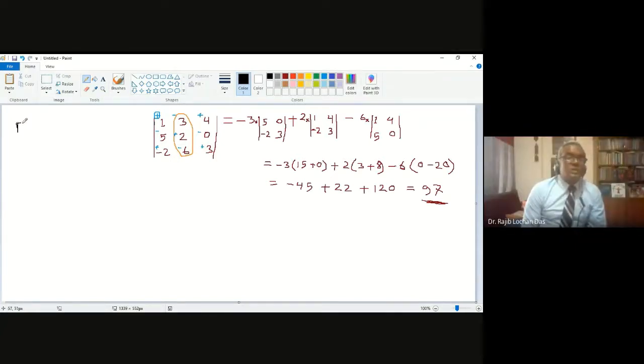So we can say finding the solution of a system of linear equations.